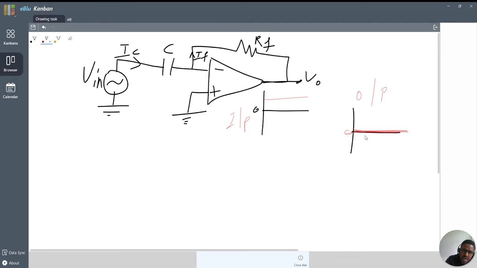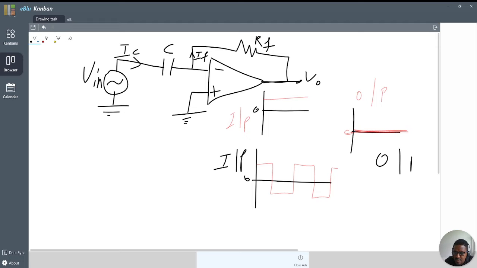Again, when the input is a square wave, in the output we will get a spike signal.